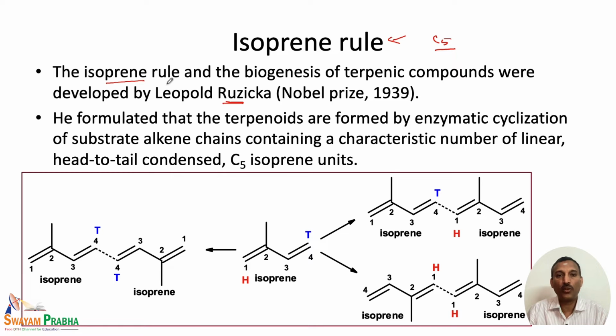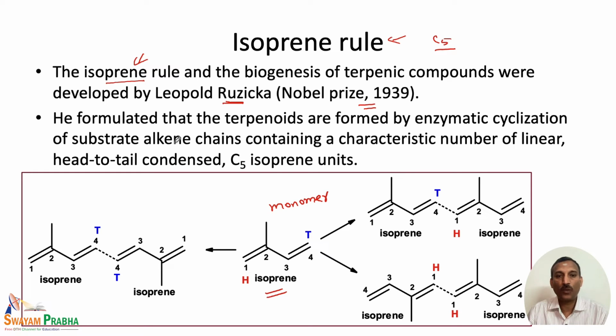What he showed was, through biogenesis, all the terpenic compounds were formed from the simple isoprene unit. So this isoprene unit is basically the monomer which was responsible for the formation of different types of terpenes, and he formulated this isoprene rule. And for this and other work related to terpenes, Leopold Ruzicka received the Nobel Prize in chemistry in 1939.